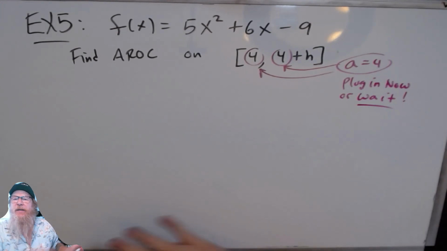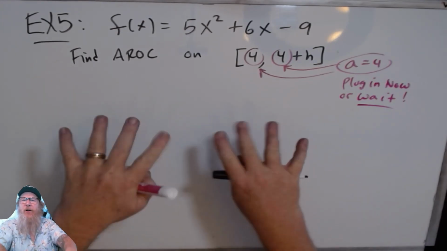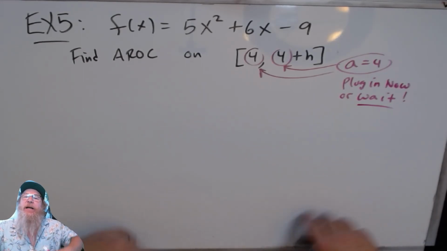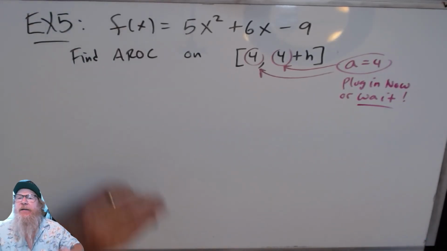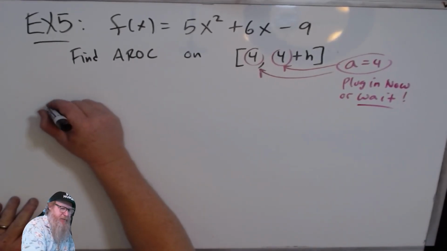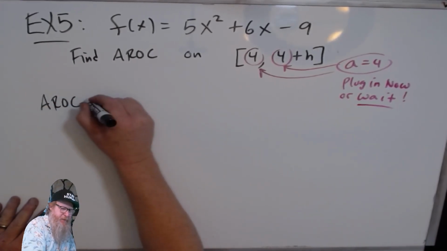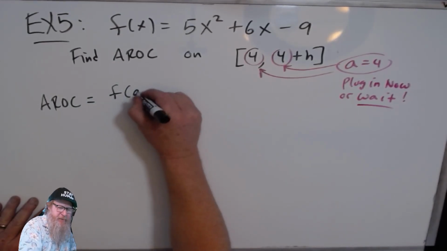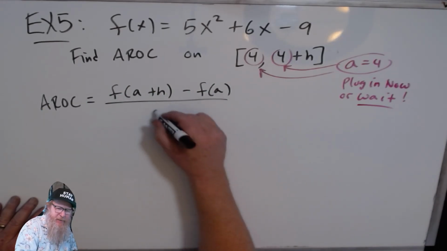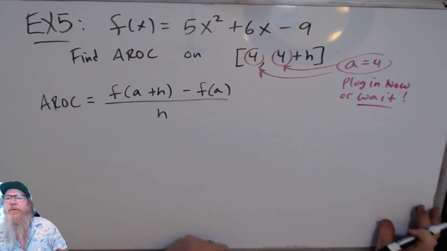So the way I did it in the last example, I did all the calculation with just the letter A, and then when I was done, I plugged in 4. Right? I kind of like to do it that way. It's helpful because you might not have the same number that I have.